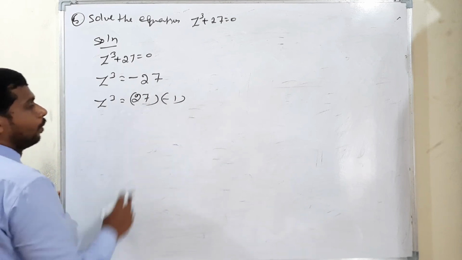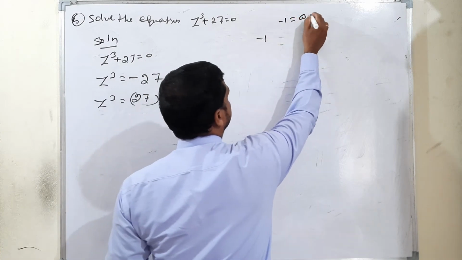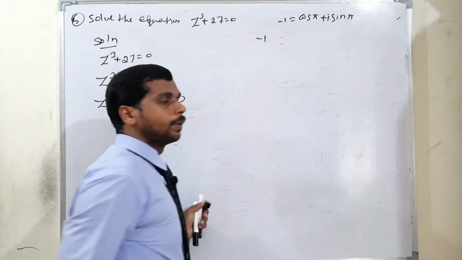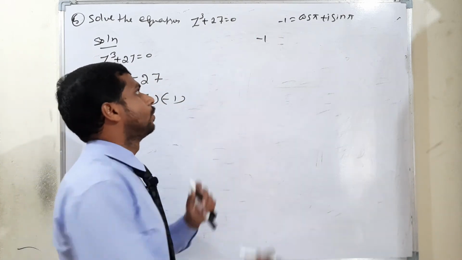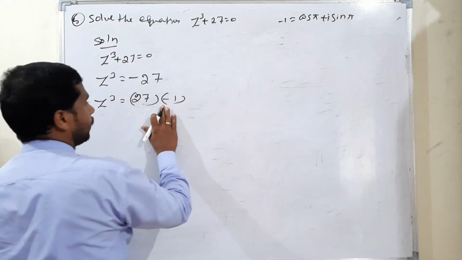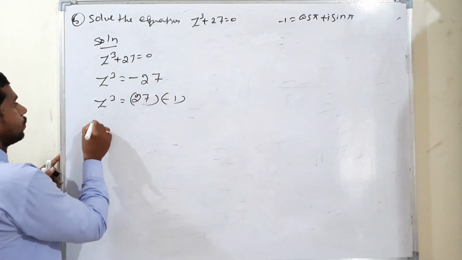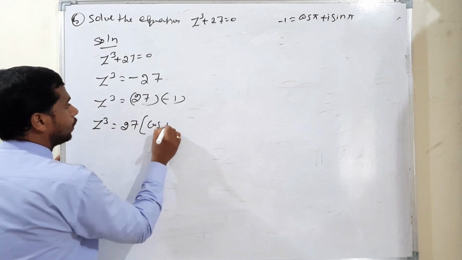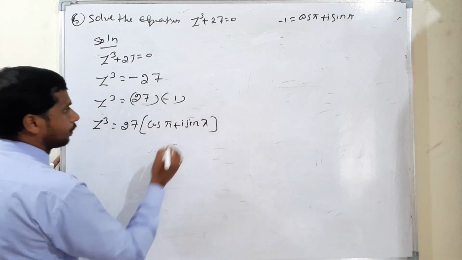Now already we know minus 1 is equal to cos π + i sin π. Already we know cos π value will be minus 1, sin π value will be 0. So minus 1 + 0 is equal to minus 1. So instead of minus 1 we can write cos π + i sin π. So z^3 = 27 (cos π + i sin π).